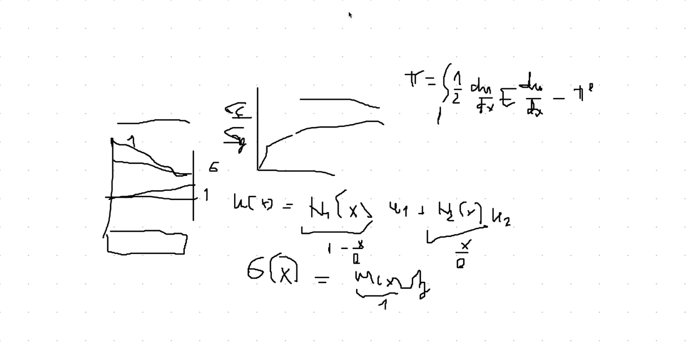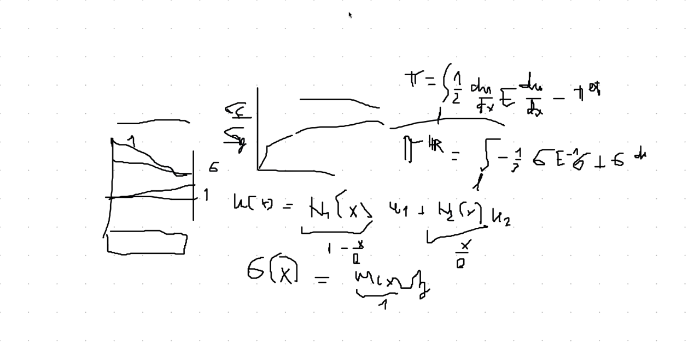Then instead of this total Hu-Washizu principle, I can go to something called the Hellinger-Reissner principle, H like Hellinger, R like Reissner. You go into the same integral, but here it will be minus 1/2 sigma times E to the minus 1 times sigma, plus sigma times du/dx, minus P external.